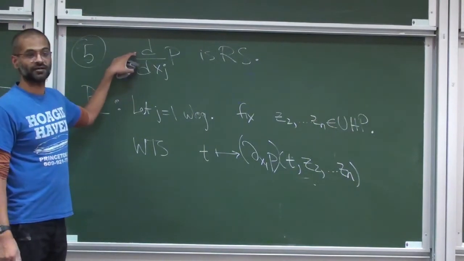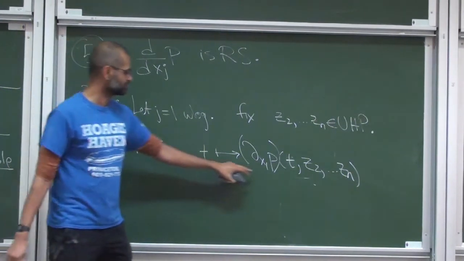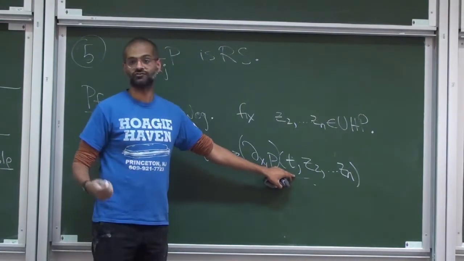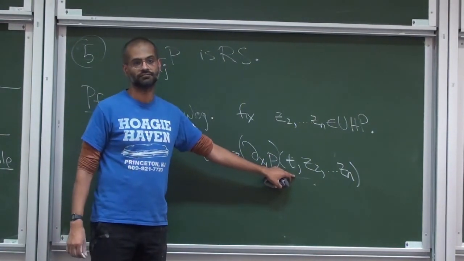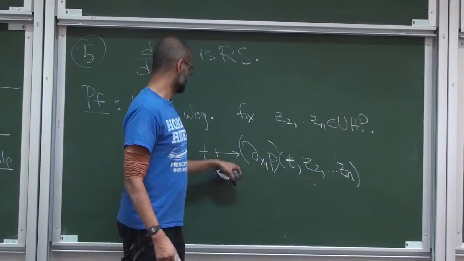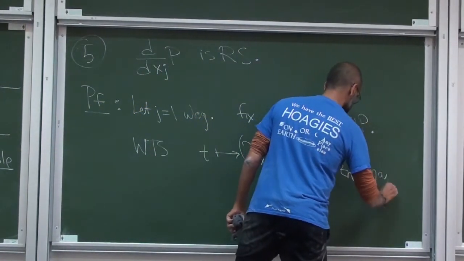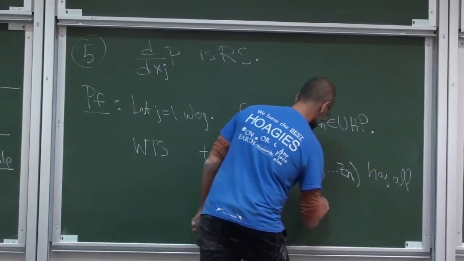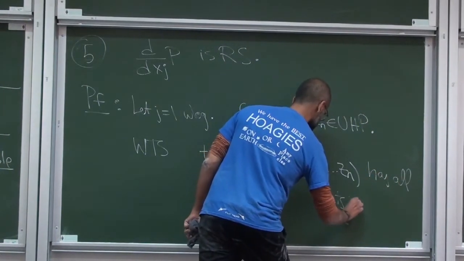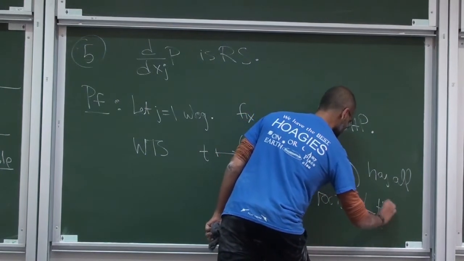So to show that this is real stable, I need to prove that this univariate polynomial has no roots in the upper half. Right? That's what it means. So I want to show this thing has all roots in the lower half plane.